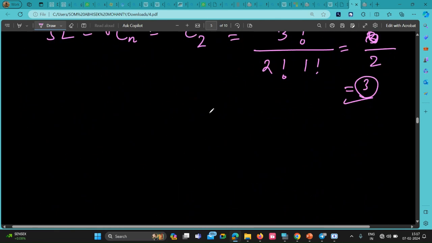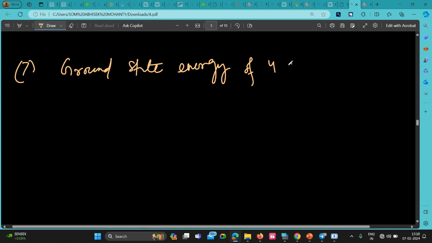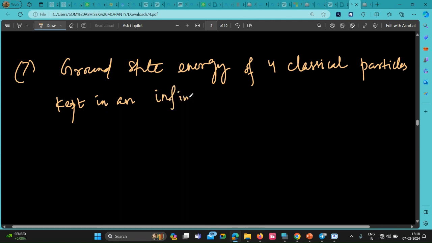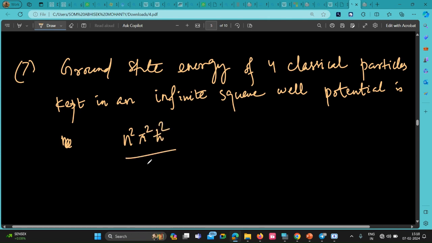Question number 7. Ground state energy of four classical particles kept in an infinite square well potential is n square pi square h cut square by 8 m L square.